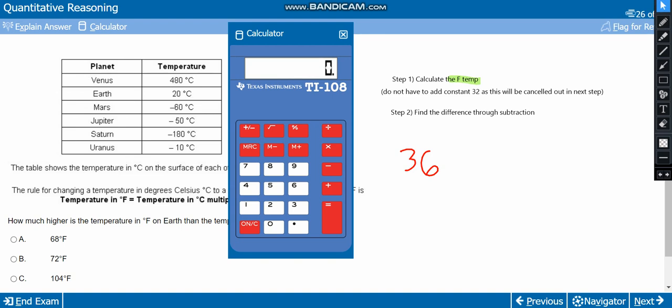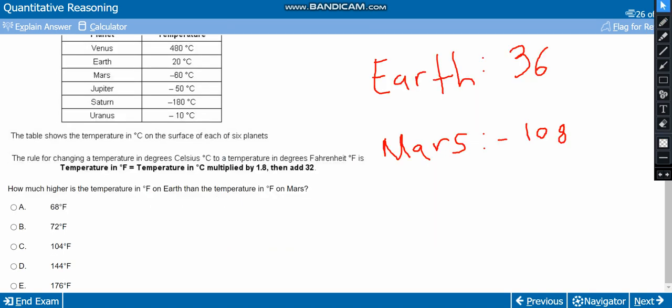So negative 60 multiplied by 1.8 is equal to negative 108. And by finding the difference between these two, we can just do 108 plus 36. That's just how you find the difference. We can work out that the answer is 144.